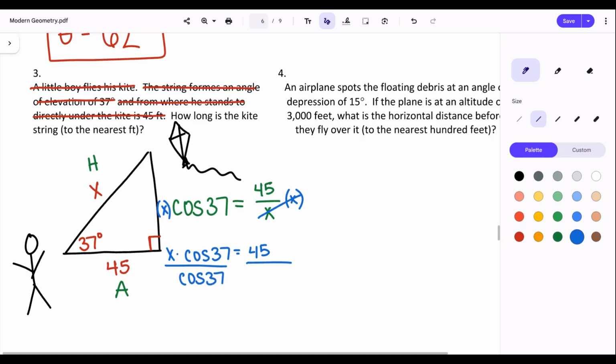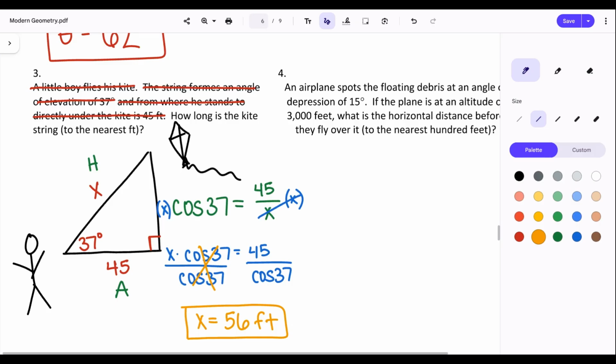So now we're going to need to use our calculator, and you need to take 45 divided by the cosine of 37. Okay, and again, they want it to the nearest foot, so you're going to have to round to a whole number. So go ahead and type that in and tell me what you get. Good. 56. I have 56.3, so it's good to round it to 56, and that would be feet. That's how long his string would be.